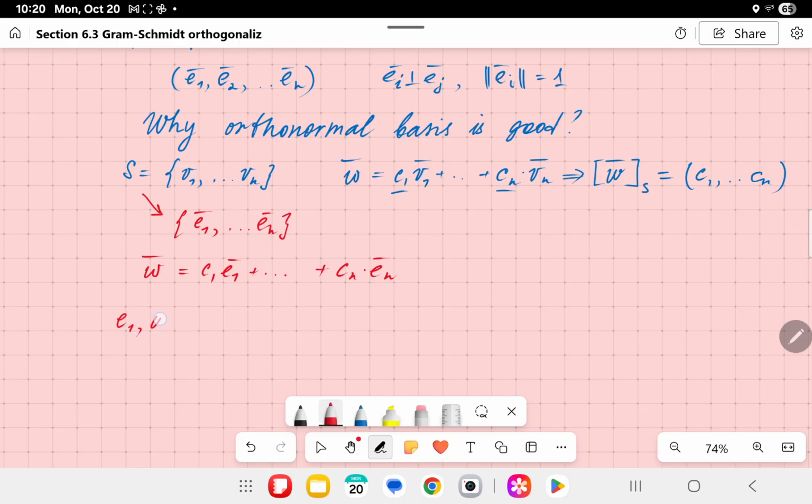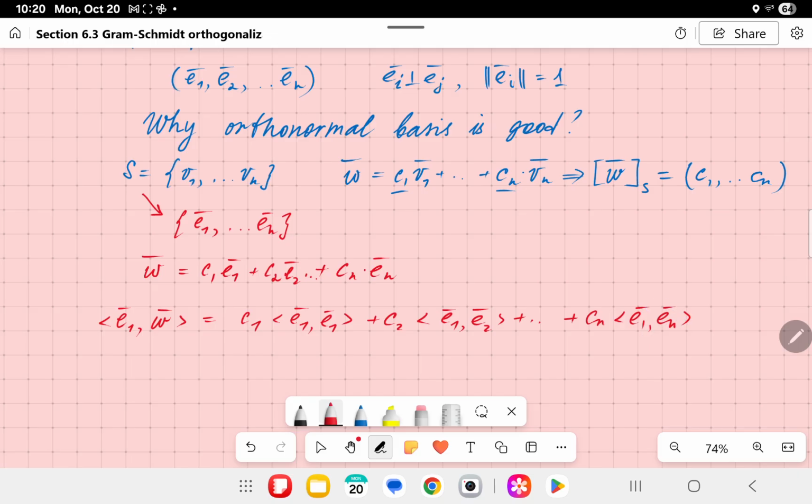So E1 with W, using a standard inner product, gives C1, which is a scalar, times E1 with E1, then C2 times E1 with E2, and lots of them, and the last one, Cn times E1 with En.